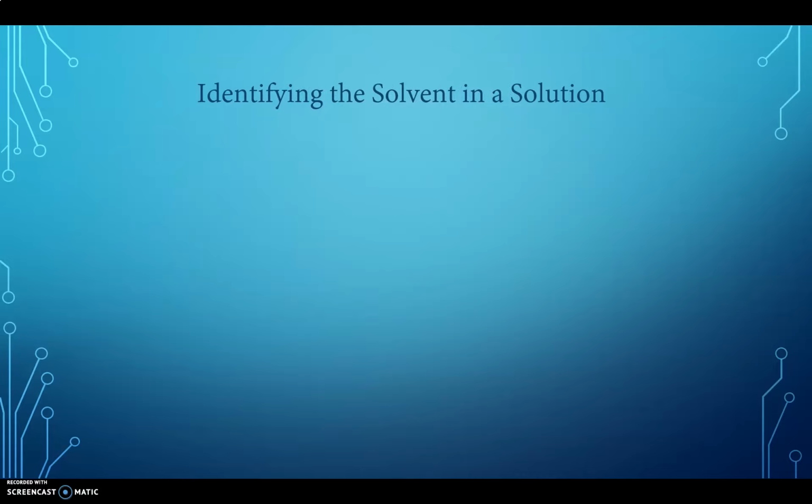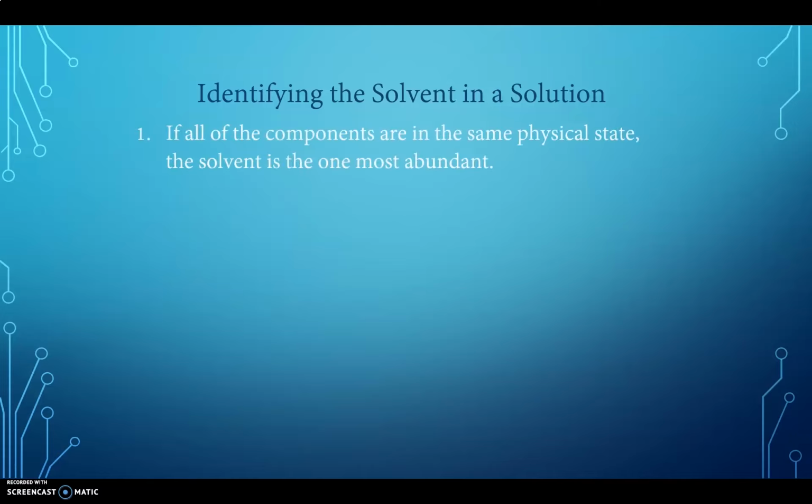So how do we identify which substance is the solvent in a solution? There's actually two different things we have to consider. First, if all the components of the solution are in the same physical state, either they're all gases, all liquids, or all solids, then we go by whichever one is the most abundant, so whichever one there's more of.